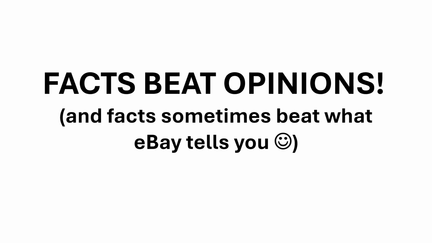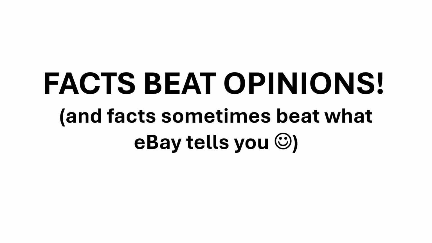I've realized with these videos that an important part of them is also me just talking about a different way of thinking about eBay to the one you may have. A really important thing, something I've used for many years, is the idea that facts beat opinions. You will have loads of people telling you stuff, including me, and ultimately everything is testable. In almost every video, I'm going to show you how you actually test things that you assume are correct.